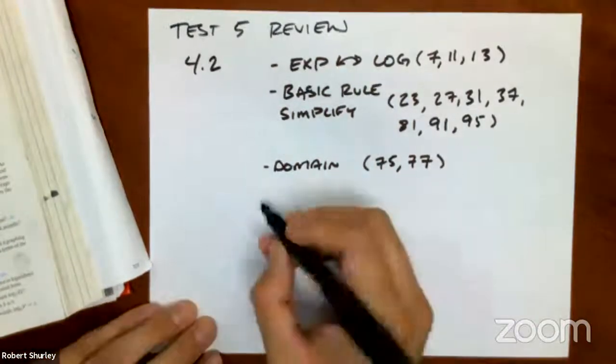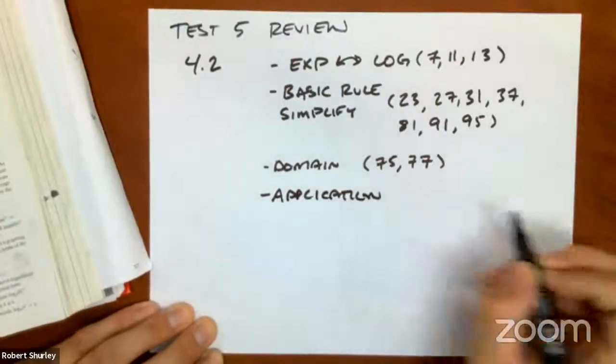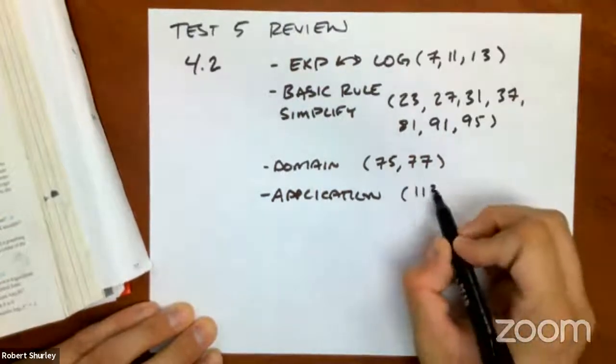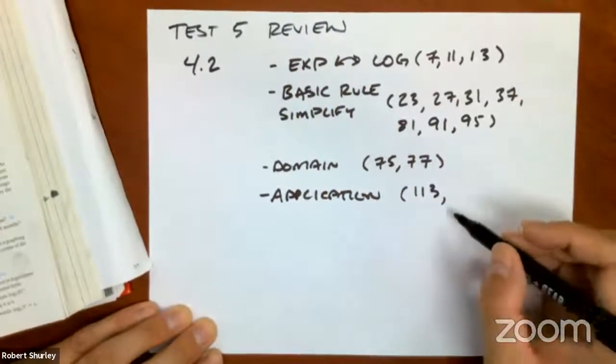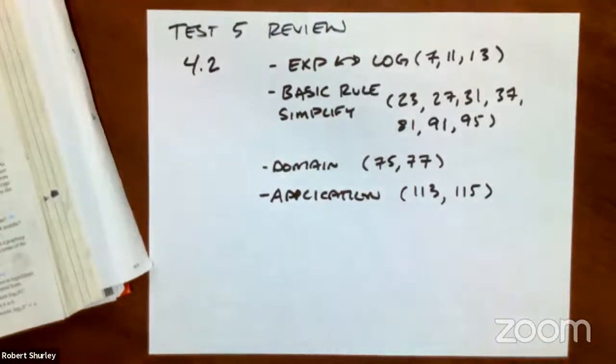And lastly, an application question, just to get comfortable using logarithms with real world questions. We've got the height question 113, and then 115, which is in the homework. I think someone asked me about 115. So those are 2 good, basic real world application questions from this section.